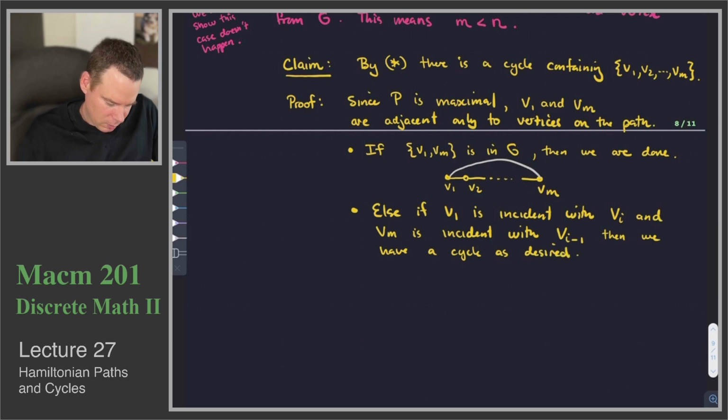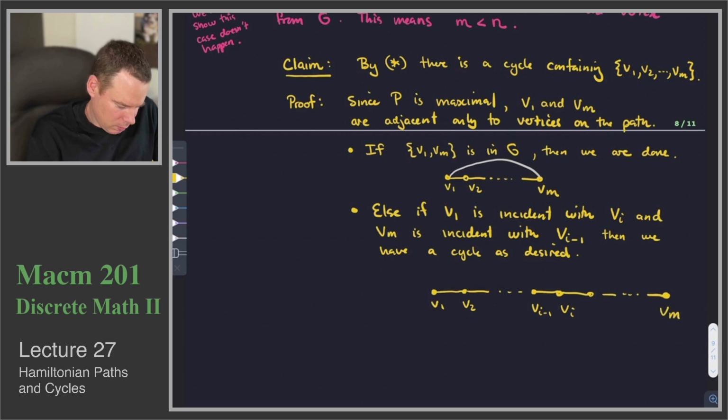So why is that? Well, again, we got a picture that looks like this. V1, V2, and so on. We'll label Vi minus 1, Vi, up to Vm. So this is saying we have V1 connecting to some Vi, and then Vi minus 1 connects to Vm.